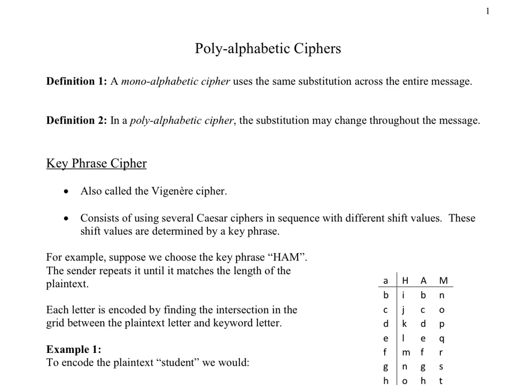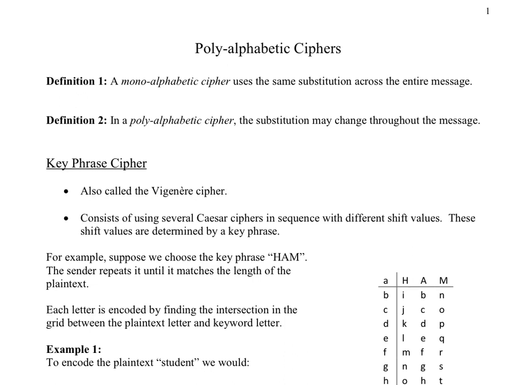So one example of this is the key phrase cipher. Some people call this the Vigenère cipher. I'll stick to the key phrase cipher when I refer to it though. What it does is it takes the Caesar's code or generalized Caesar's code and does different shifts throughout the message. And often we use a key phrase to do these shifts.